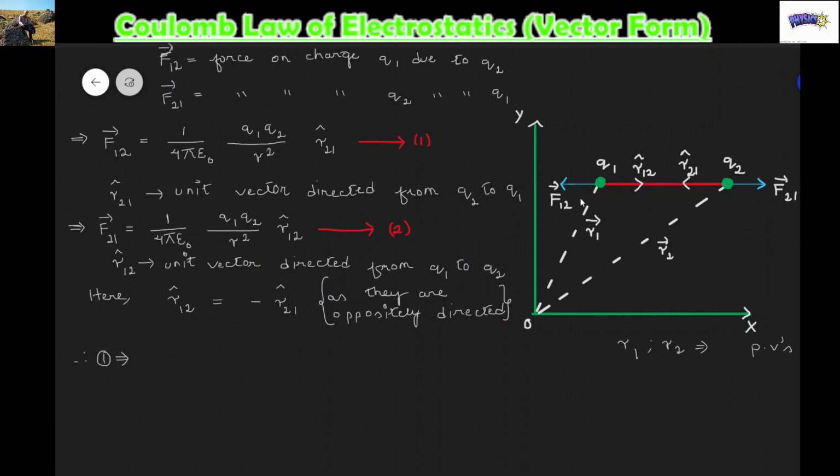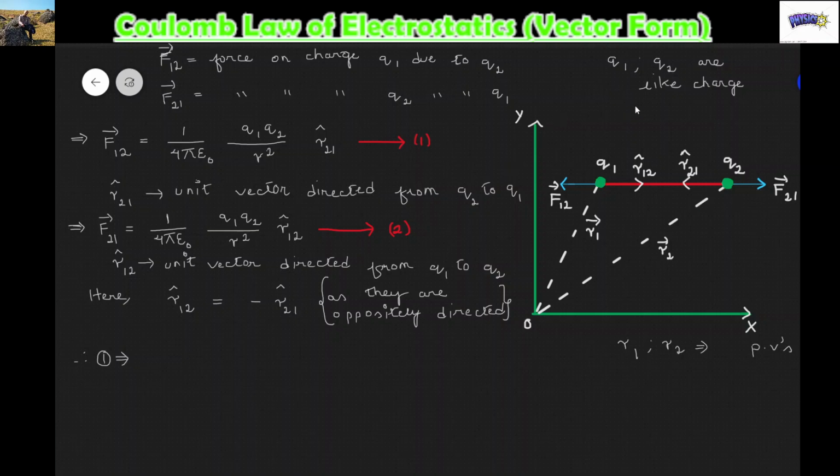Suppose we take why these forces F1 and F2 are opposite with respect to each other. In this case, we will consider that these charges Q1 and Q2 are like charges. When these are like charges, the forces F1 and F2 will be oppositely directed, which has been clearly indicated here.